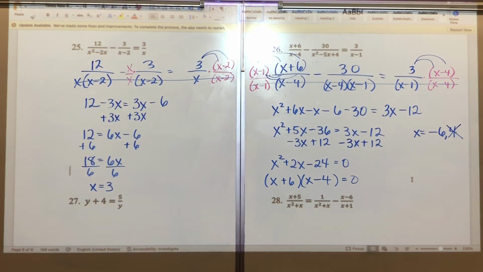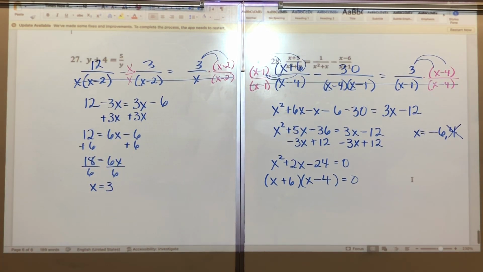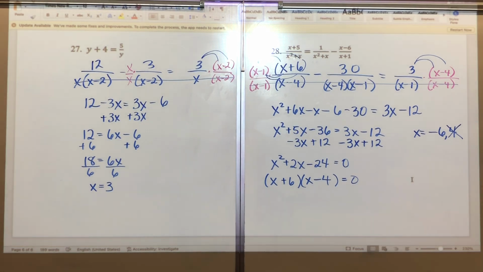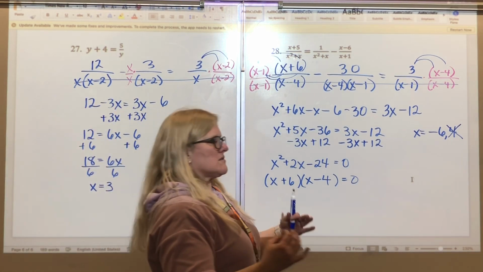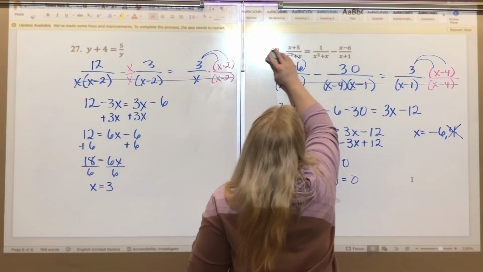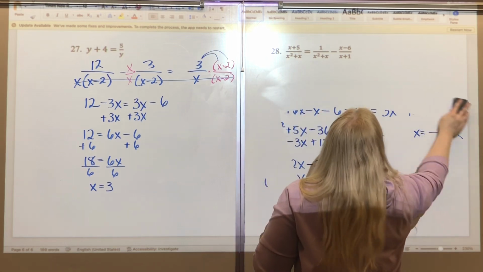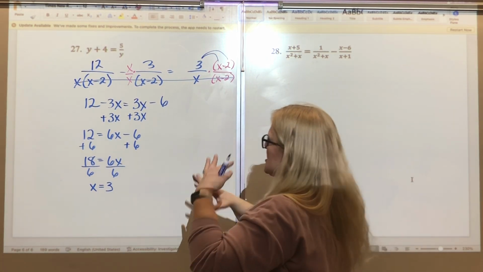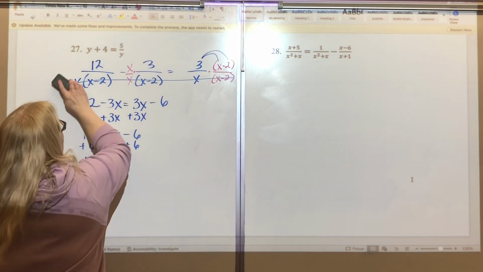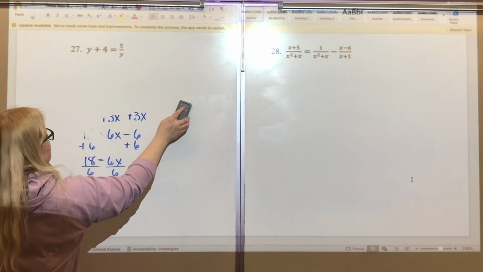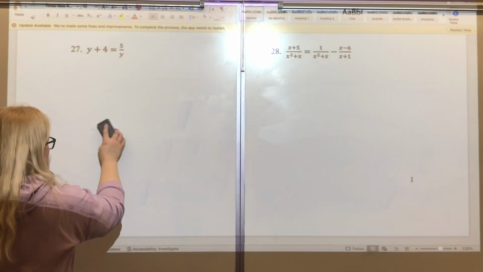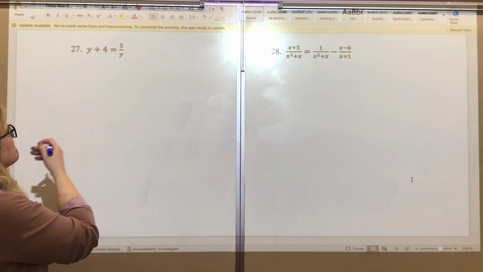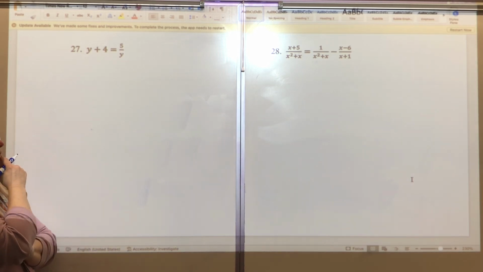All right, number 27. A little easier, I guess. And yet, not. Not as much stuff going on. Okay. So we need a common denominator.